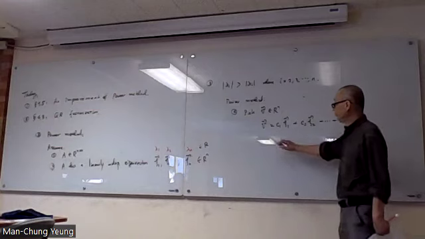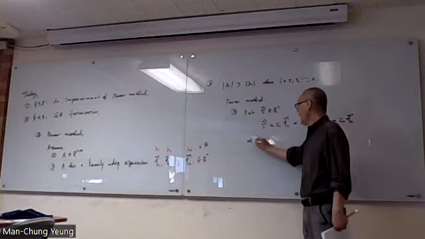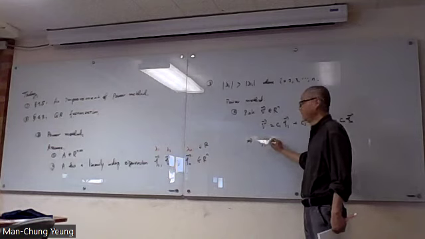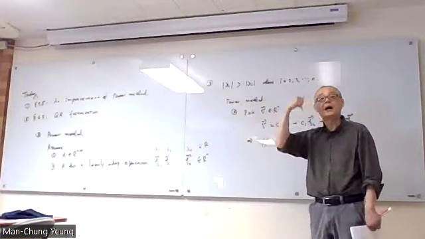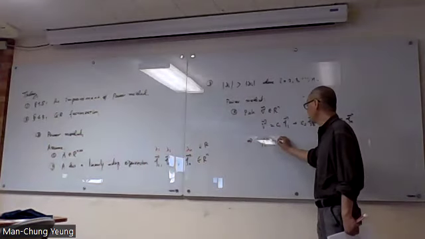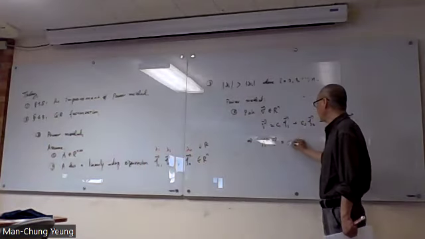Now apply A to the power k, A times A times A, k times, to the left side and to the right side.